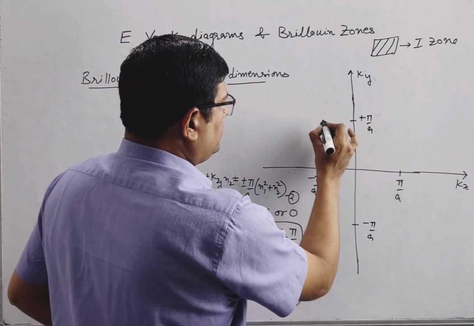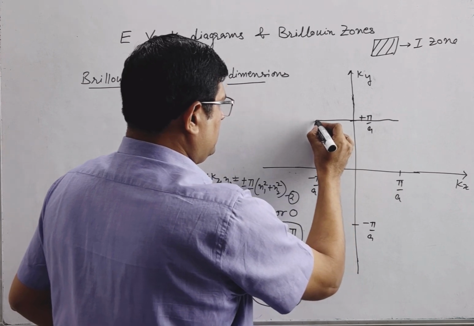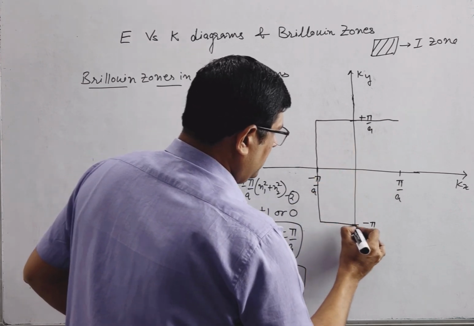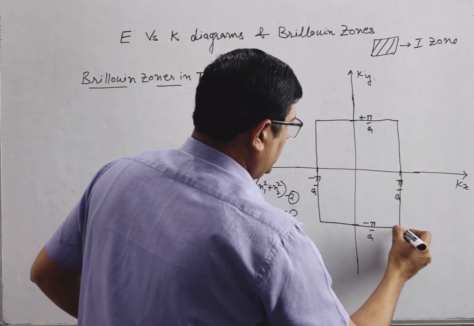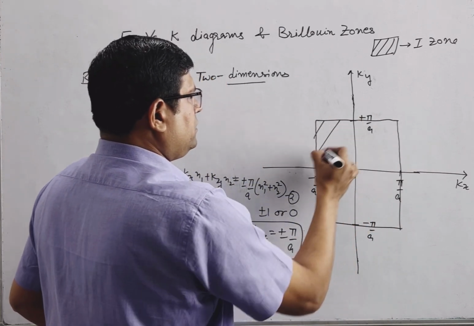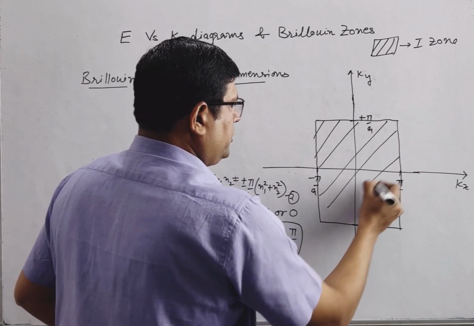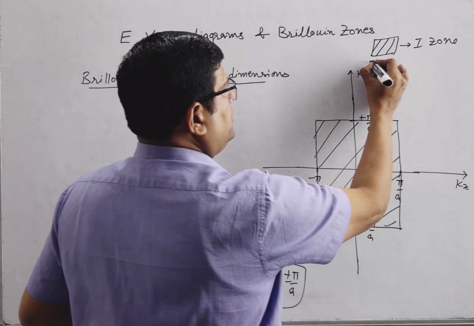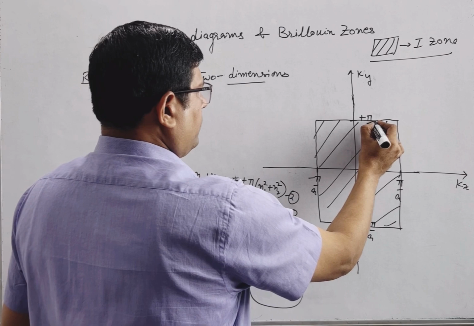So we will have a square from these equations, like this. So this is our first Brillouin zone. This is the first zone, the first Brillouin zone.